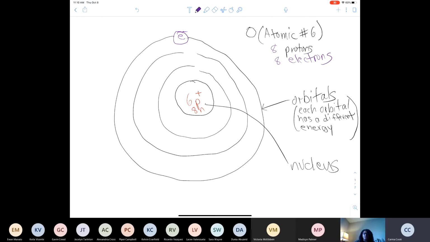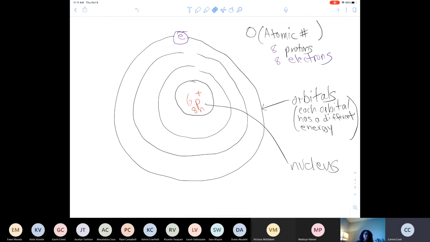Let me take a look at a picture of a periodic table to make sure I'm correct. Yes, it is atomic number 8.